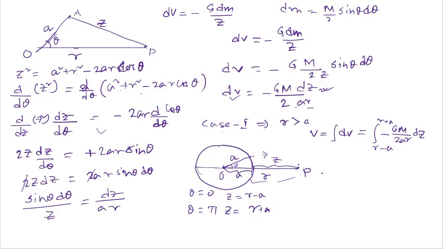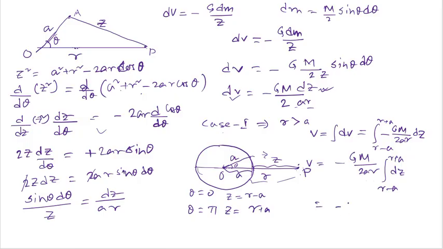Here everything is constant, correct? V equal to minus GM by 2ar. A is constant, r is constant, M is constant. Now from r minus a to r plus a, the integration of dz is z.